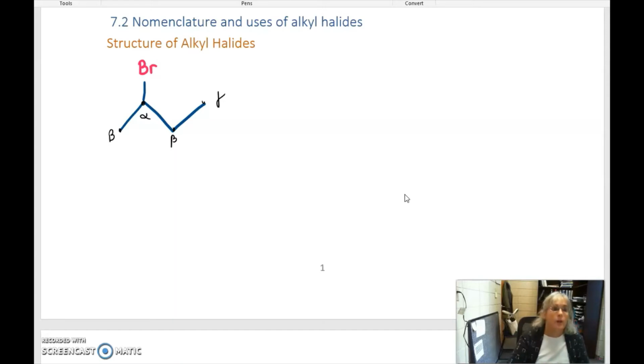Okay, the other structure that we need to be familiar with is primary, secondary, and tertiary. So a primary halogen has a carbon that has one R group. R group is a carbon atom. So it's attached to a carbon atom here. Of course, it has 2 hydrogens here that aren't drawn, but this is primary. Secondary, as I'm sure you'll be unsurprised to find out, has 2 R groups.